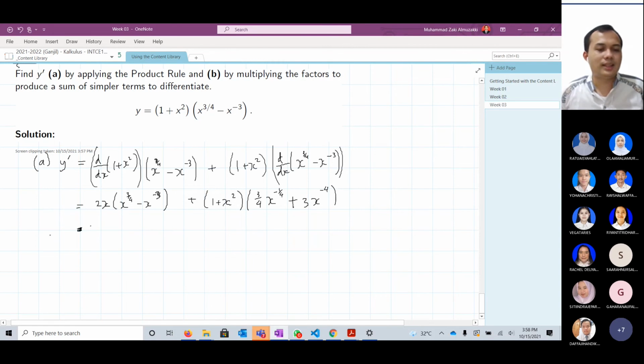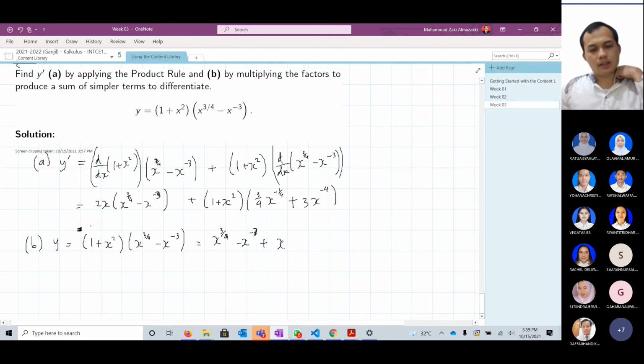Well, you can try to expand it by yourself later, but let me try to find the derivative by the second way, which is, okay, y is equal to 1 plus x squared times x power 3/4 minus x power minus 3, which is, now we have x power 3/4 minus x power minus 3 plus x power, okay, 2 times 4 is 8 plus 3, x power 11/4 minus x power minus 1.